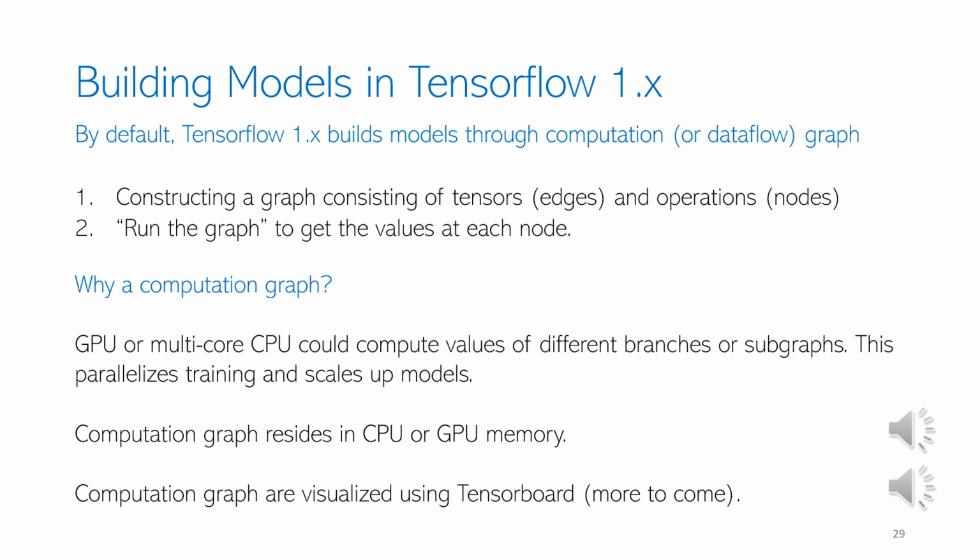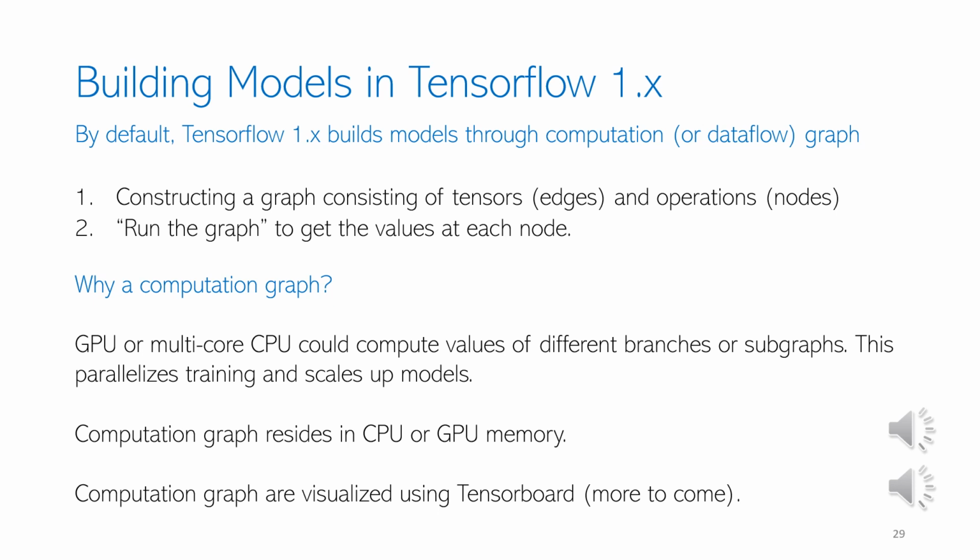In TensorFlow version 1, by default, your models are built using a computation graph. So in a usual procedure of creating and running a model, you first construct a graph consisting of tensors and operations. Next, you will instantiate a session and run the graph you created before.